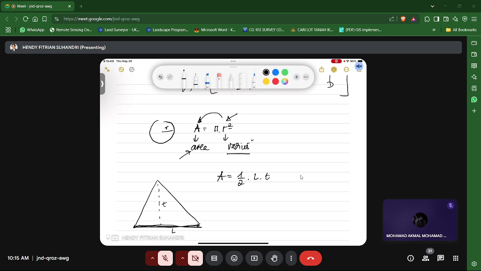So you could see that this equation looks just like a linear equation, but actually it is non-linear, since, as I told you last time, L is an independent variable and T is another independent variable.